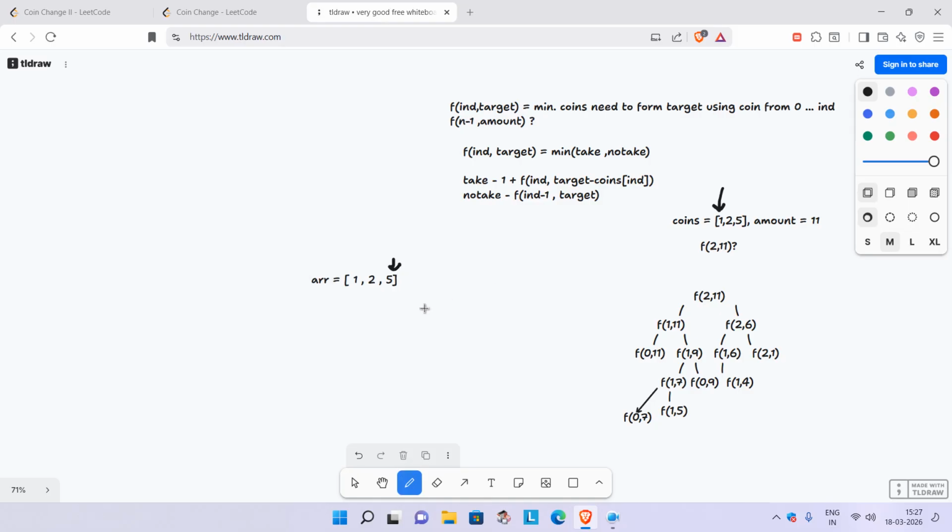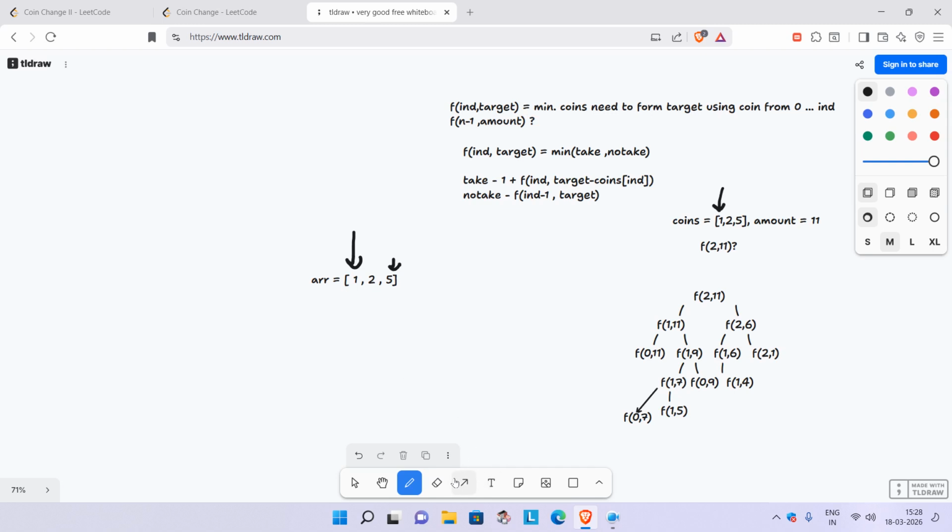If we have to start from f of n-1, it calls for the previous state. Now let's say I reach the 0th index. Since we have to return the number of combinations and it doesn't go beyond this, we have to check for the base case. The base case is required as we have called the recursion.